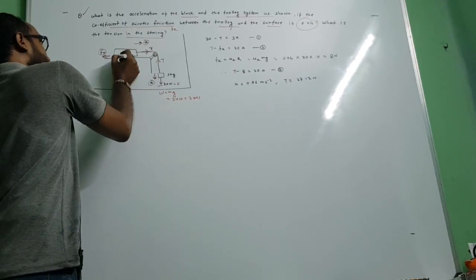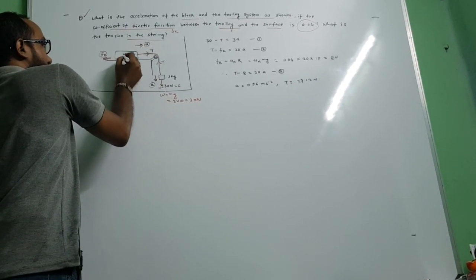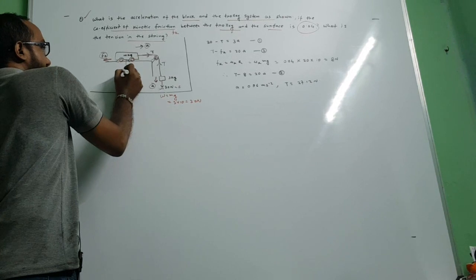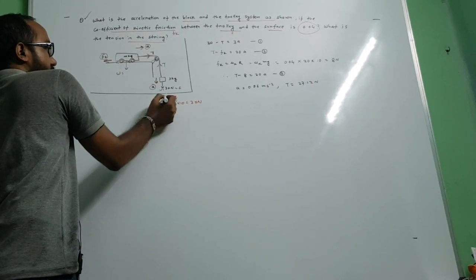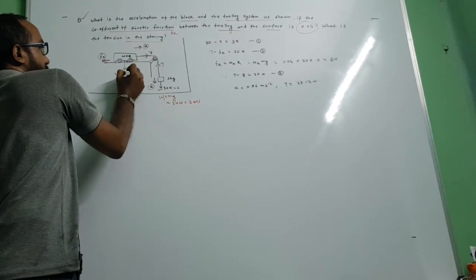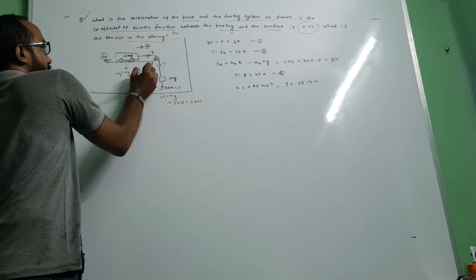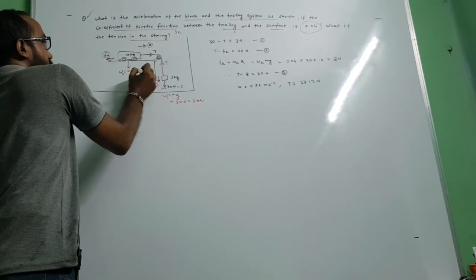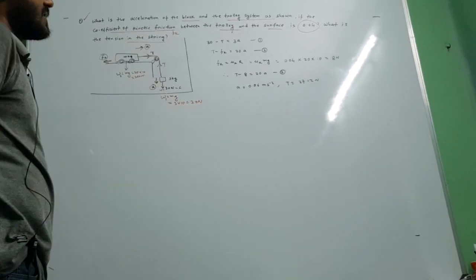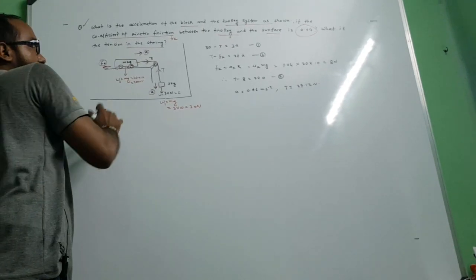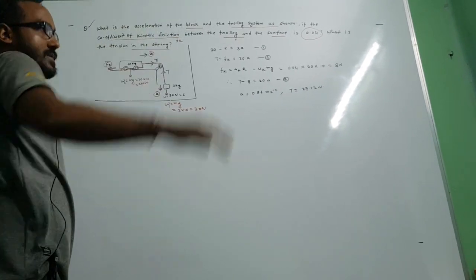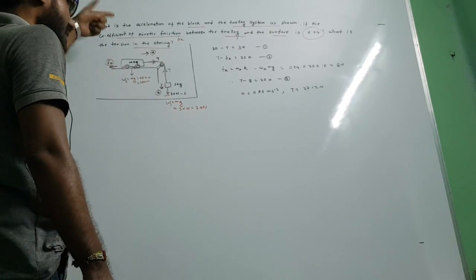Now as the tire is attached to the ground, it will have weight W equals mg. Let us say this is W1, this is W2, this is mg, that is 20 into 10, that is 200 Newton acting downward. As the tire is attached, from Newton's third law of motion, it will have a reaction force.